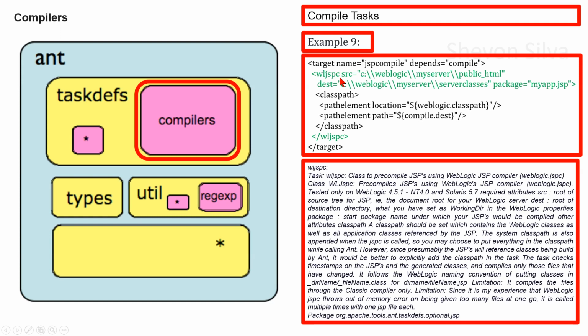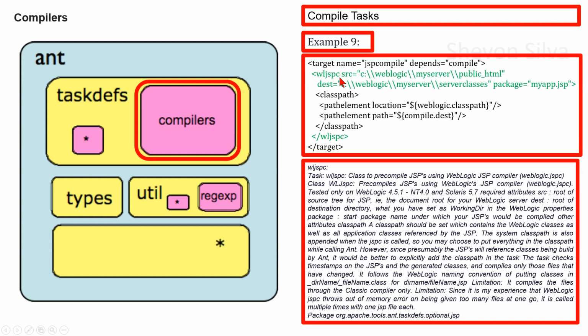Required attributes: src, the root of the source tree for JSPs, that is the document root for your WebLogic server; dest, the root of the destination directory, what you have set as working dir in the WebLogic properties; package, the start package name under which your JSPs would be compiled. Other attributes: class path.